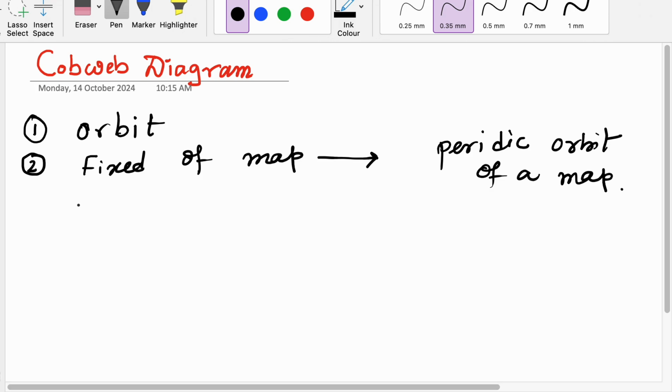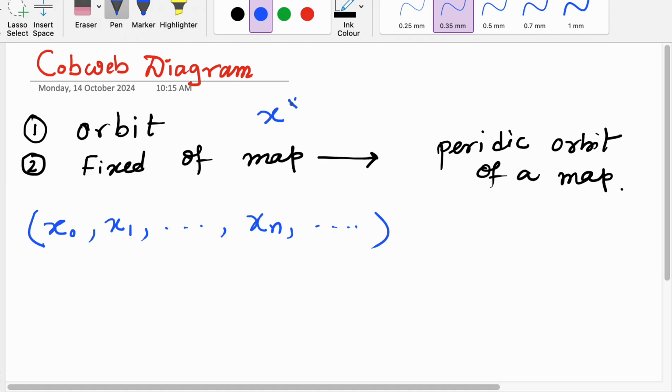Now the next question is, why are we interested in the fixed point or periodic orbit of a map? The answer is to know whether, suppose we start from x0 and its orbit is x0, x1, and it continues, suppose here xn, and suppose its fixed point is some x star.